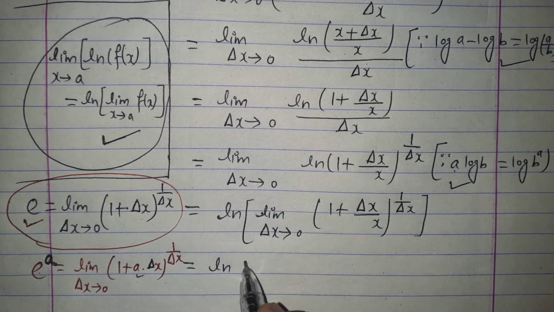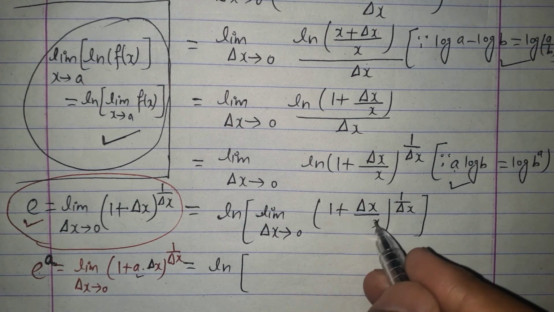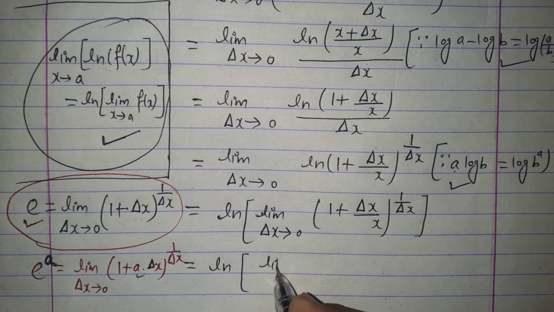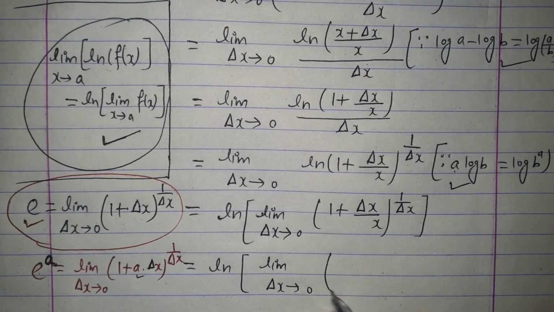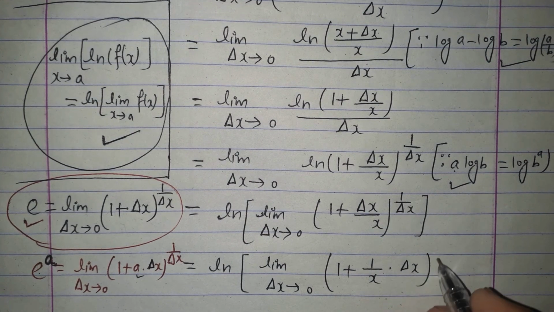Here we can apply the same concept. The limit as delta x approaches 0 of 1 plus 1 over x times the delta x. Here the coefficient of delta x is 1 over x, raised to the power of 1 over delta x.